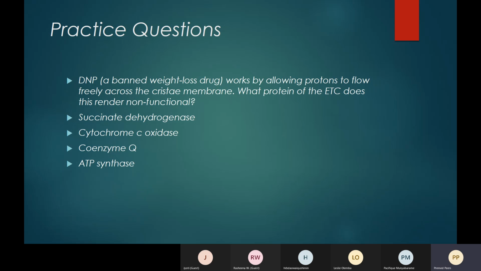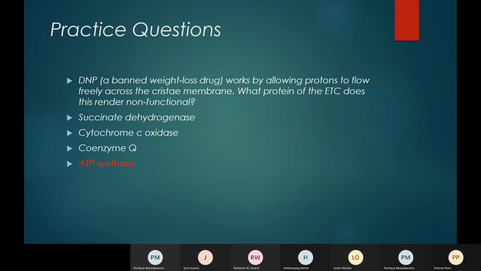What do you think? Honestly, I'm going to guess. I was going to choose the second option. Cytochrome C oxidase.